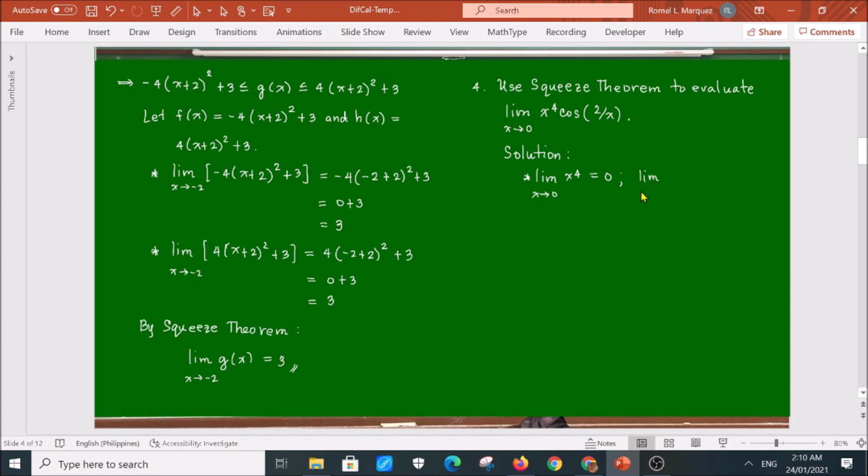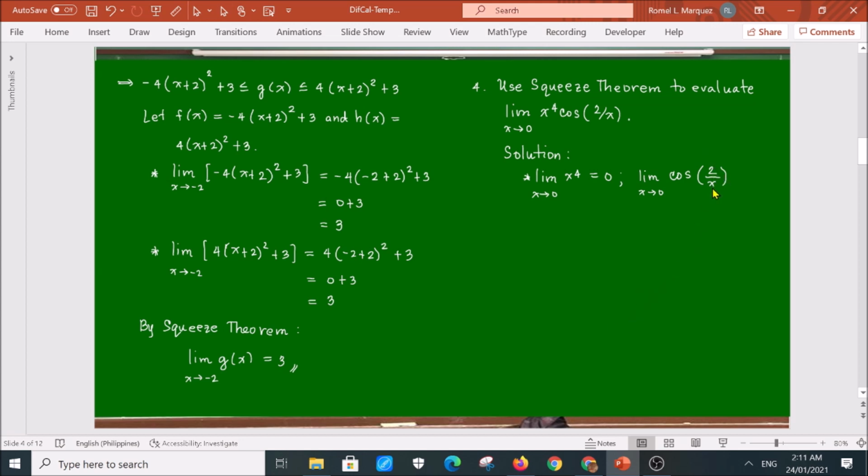The limit as x approaches 0 of cosine of 2 over x: as x approaches 0, 2 over x becomes infinite. From the left, it becomes negative infinity, and from the right, it becomes positive infinity.